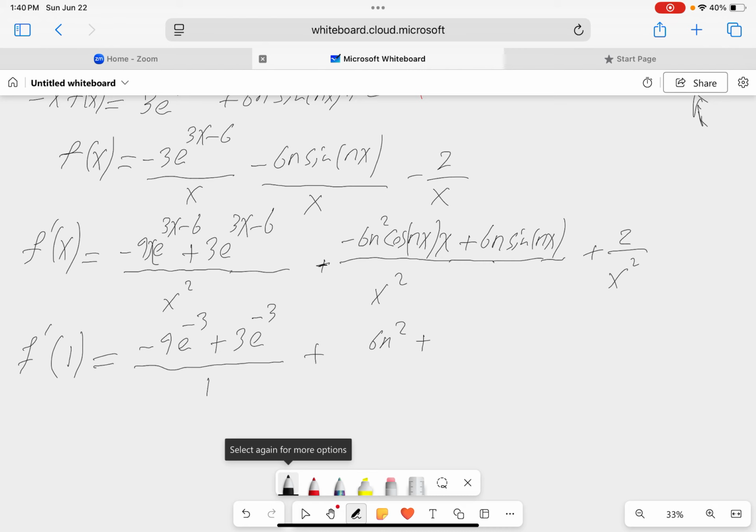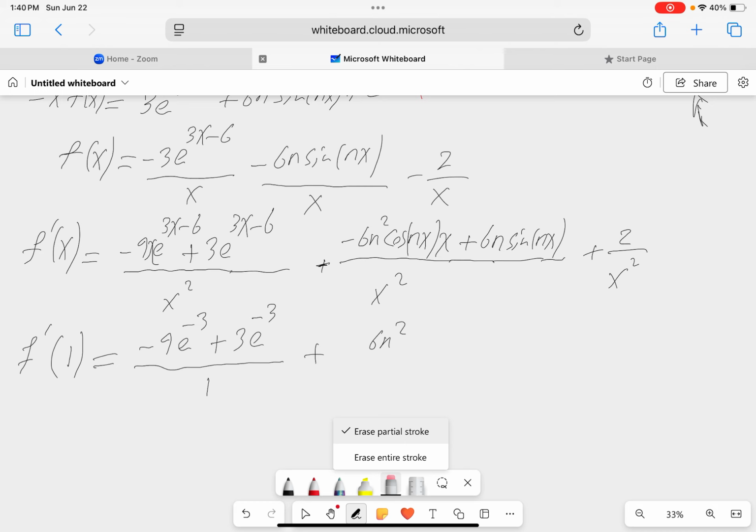Then plus 6 pi sine of pi x. If I put a 1 here, sine of pi is 0, so this entire second part is 0, and we don't need to write anything there. Then x squared with 1 gives 1, so all you have is 6 pi squared.